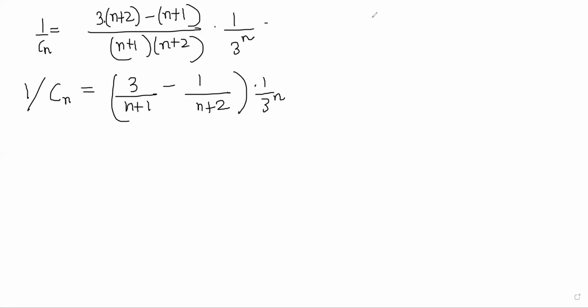So if you write down all the terms, the first term is when n is 2, because this formula was not valid for n is 1, right? We have already found C1 was 24 by 7. So 1 by C1 would be 7 by 24, right? Now from n is 2 onwards, this formula should be valid.